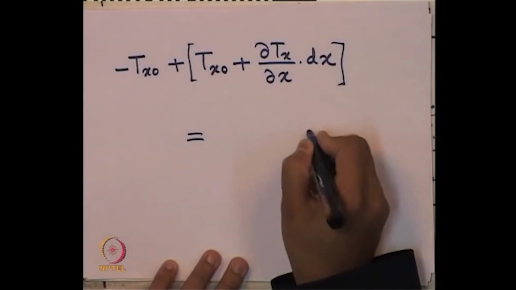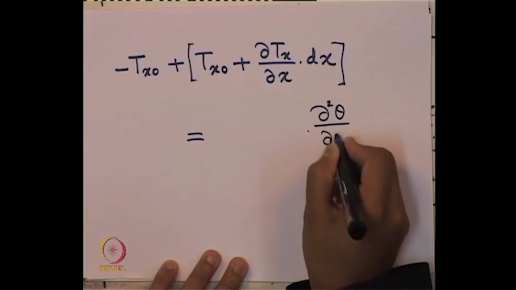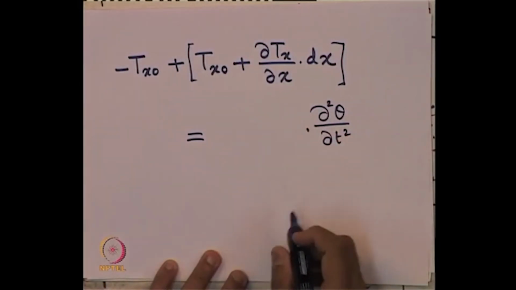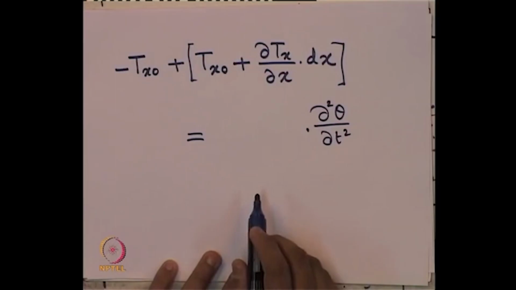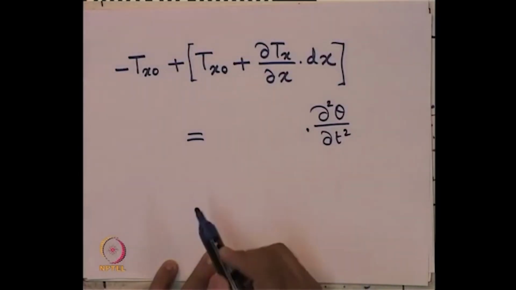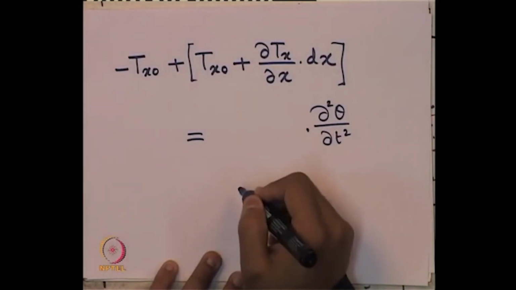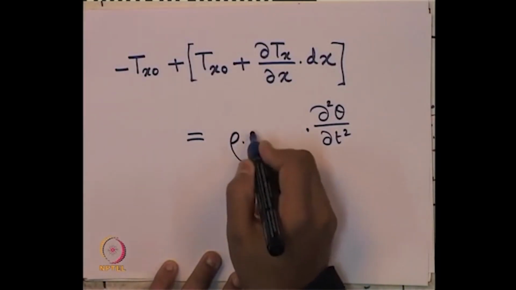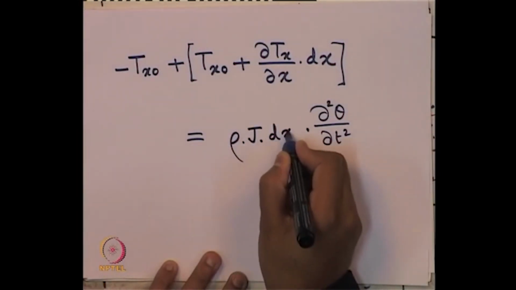So, let us write the acceleration first: del 2 theta by del t square is the rotational acceleration, and we multiply it with the mass. So, how will it change? It will change to rho J times dx. Okay.